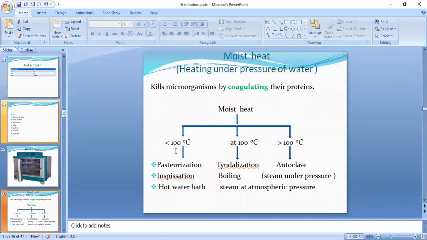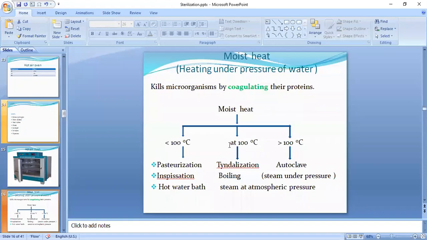The examples for temperature below 100 centigrade are pasteurization, inspissation, and hot water bath. So you have to memorize these three methods under 100 centigrade: pasteurization, inspissation, hot water bath.